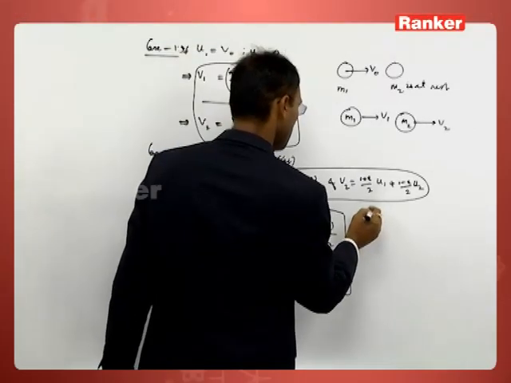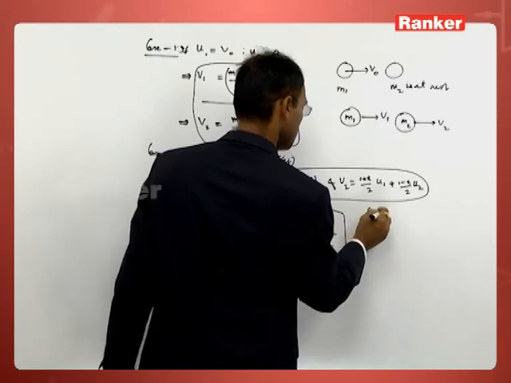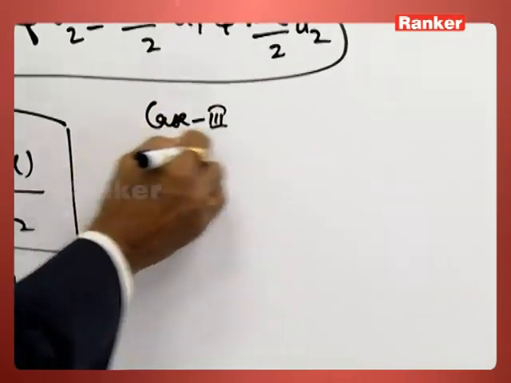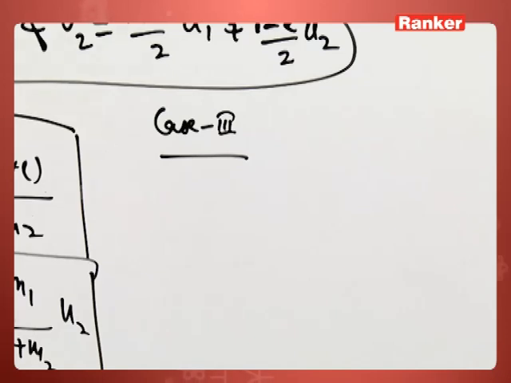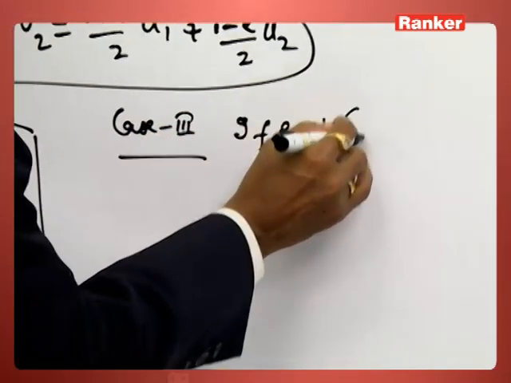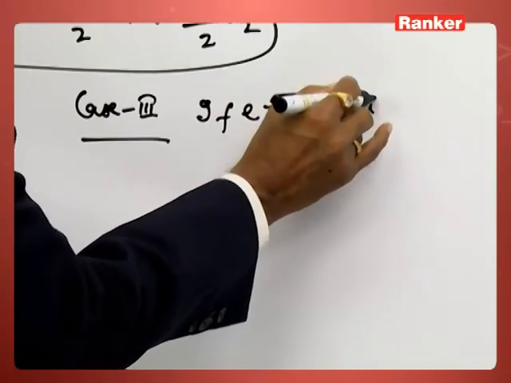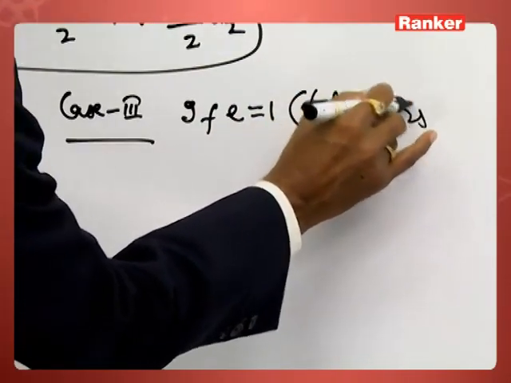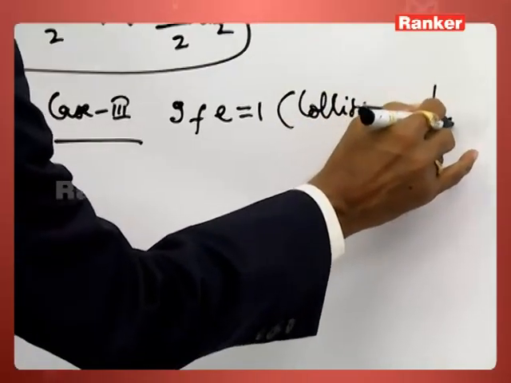Let us put another condition. If E is equal to 1, that is the condition for elastic collision. The collision is perfectly elastic.